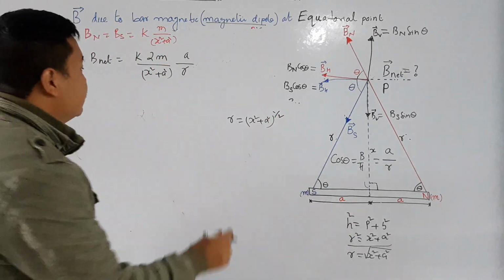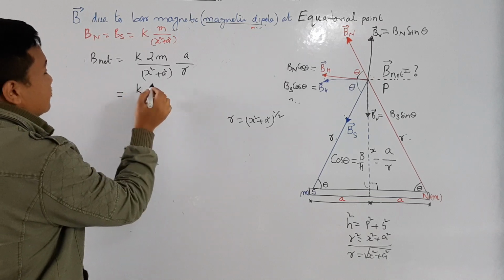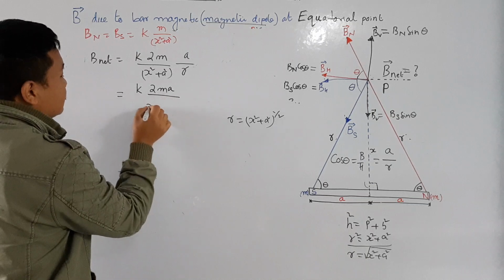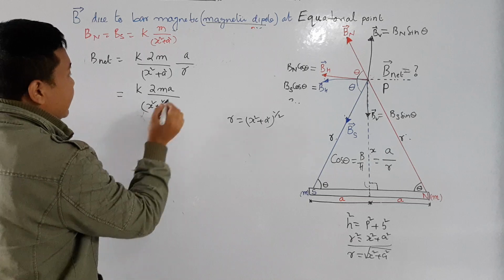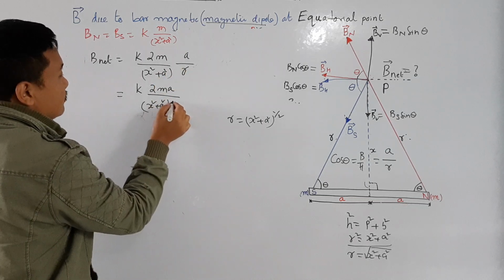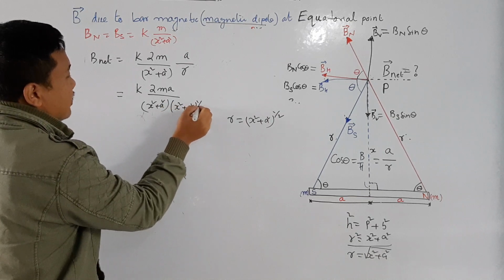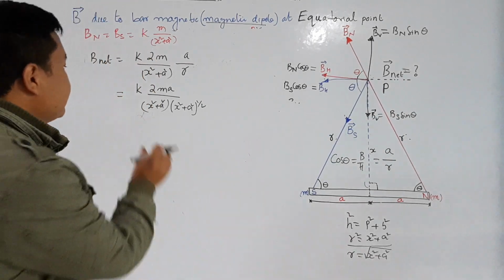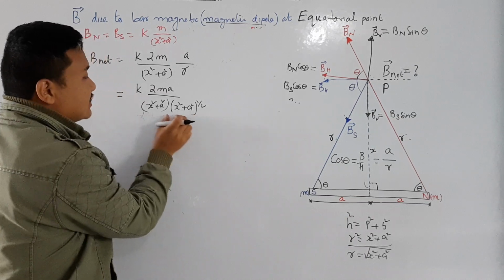Then this can be written as k times 2ma divided by x square plus a square, and what is the value of r? It is x square plus a square to the power 1 by 2. Now this x square plus a square and this x square plus a square are both same.